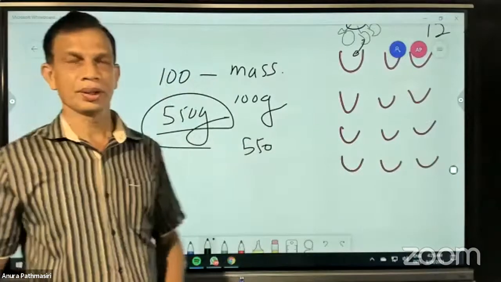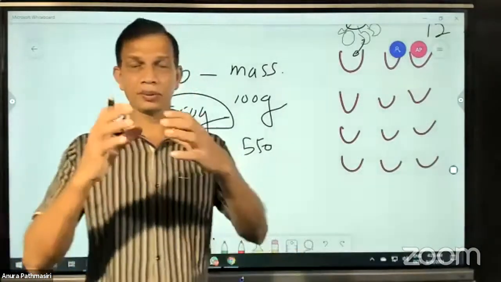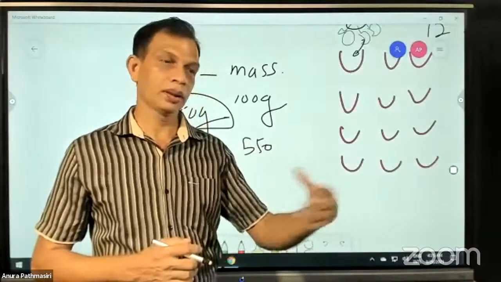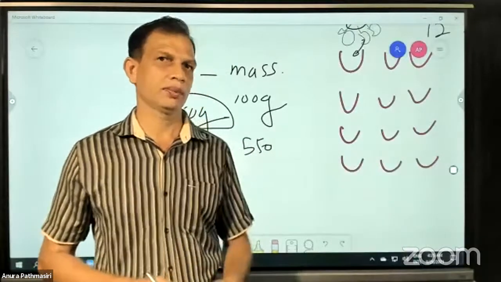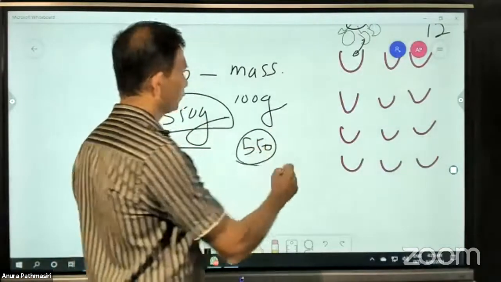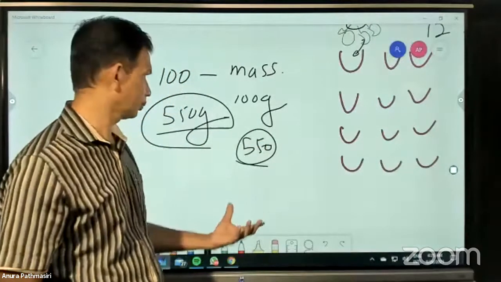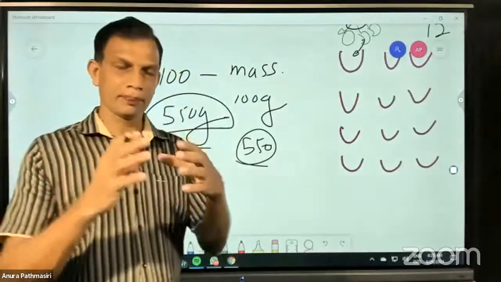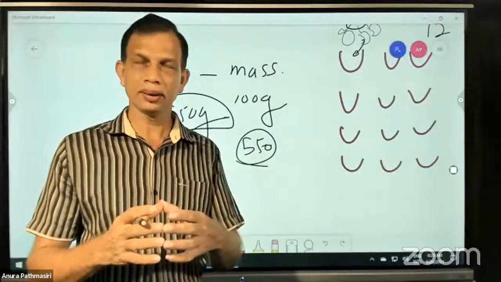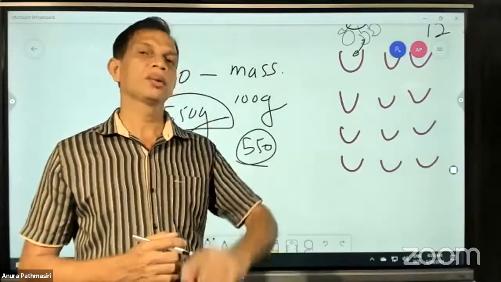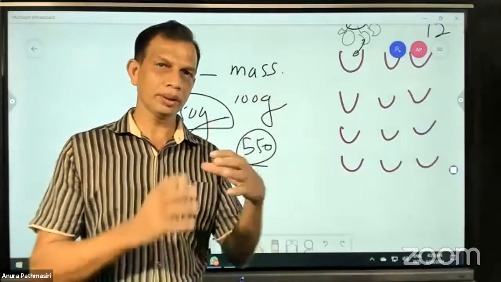550 papers. So the 550 papers, now you have to break it into the 11 classes. So then you can measure 55 gram, or rather, how many? 10. So you can measure the mass, then you can find out the quantity.